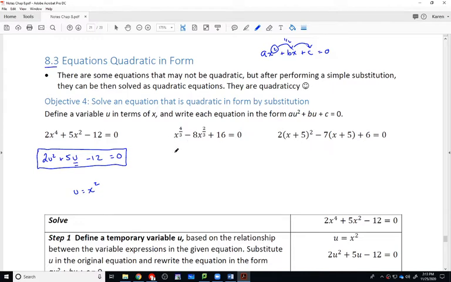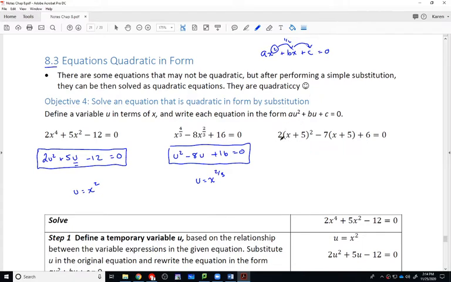So let's do this one. Again, you've got 1x to the 4/3. So we have 1u squared minus 8u plus 16 equals 0. This is in quadratic form with a u substitution. The u replaced x to the 2/3. Same thing here.